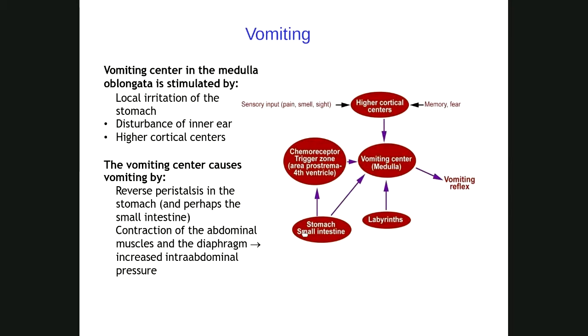The stomach will go through reverse peristalsis with the esophagus and pharynx. The upper esophageal sphincter will relax, and the abdominal muscles will squeeze the abdomen, and this will squeeze the stomach, and this pressure increase will push the content of the stomach upward through the esophagus and out from the mouth through vomiting.